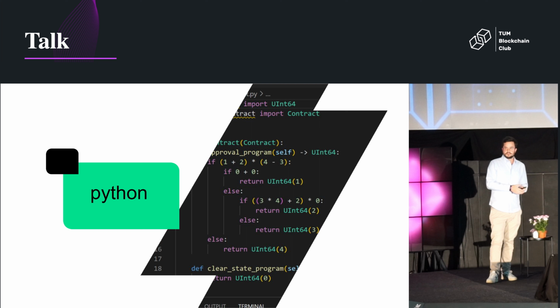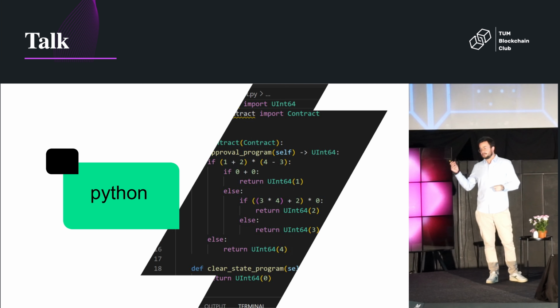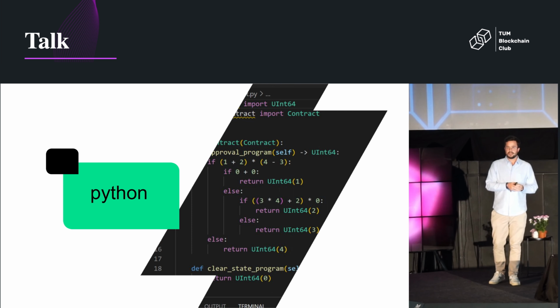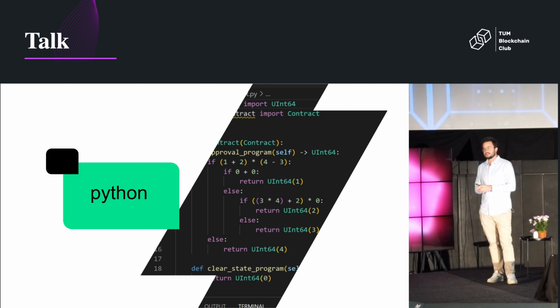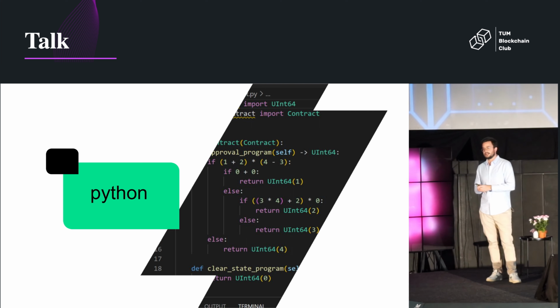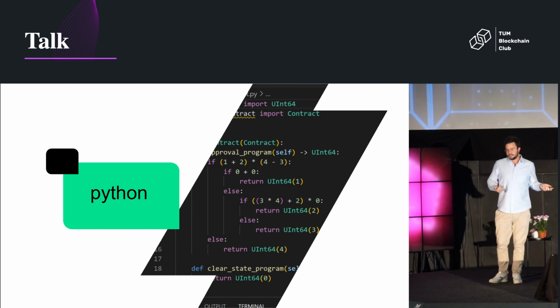We took a similar approach. We took a look at the LLVM, and it was good, but it was not geared towards the Algorand virtual machine. It was not geared towards TEAL. So integrating that would have required way more work than starting from scratch and doing something way more tailored and way more performant for Algorand. So we did our own.